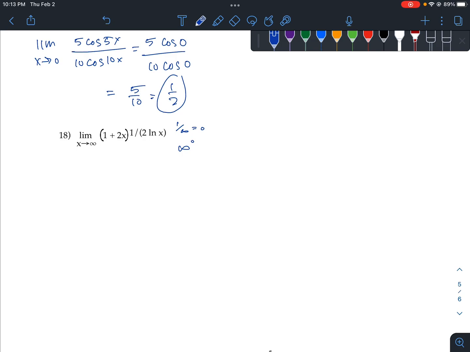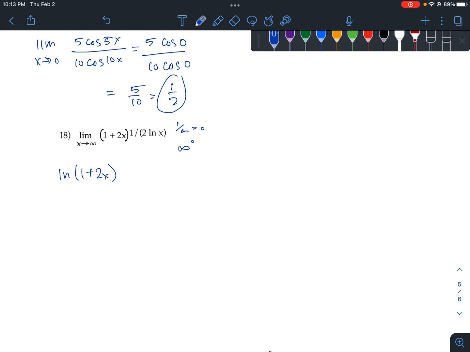And then here, because it's an exponential, I'm going to use an exponential indeterminate form. I'm going to use a natural log. So the natural log of 1 plus 2x, and then I'm going to drop that power down because it is a natural log.